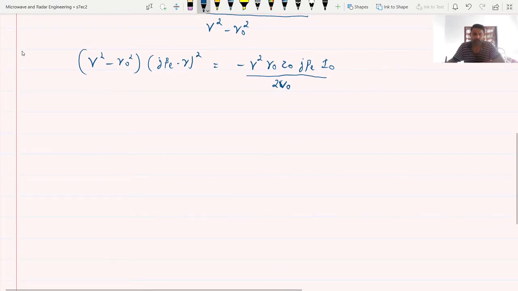To find the appropriate solution, put gamma naught equal to j into beta e.